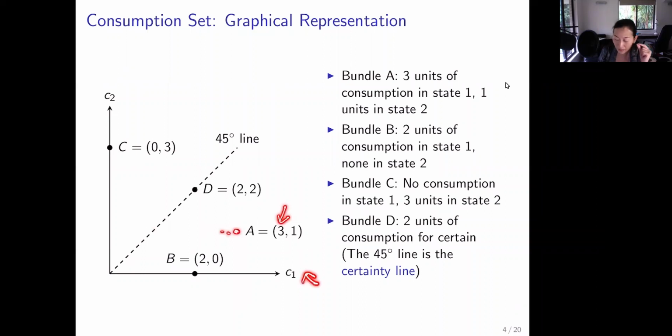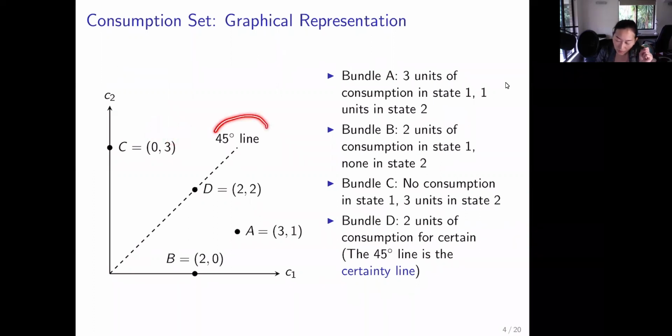And if state 2 or event 2 occurs, my consumption or wealth level is equal to 1. That's what it means. You don't consume them together. So point C means that if event 1 occurs, I get 0. If instead event 2 occurs, I get 3.